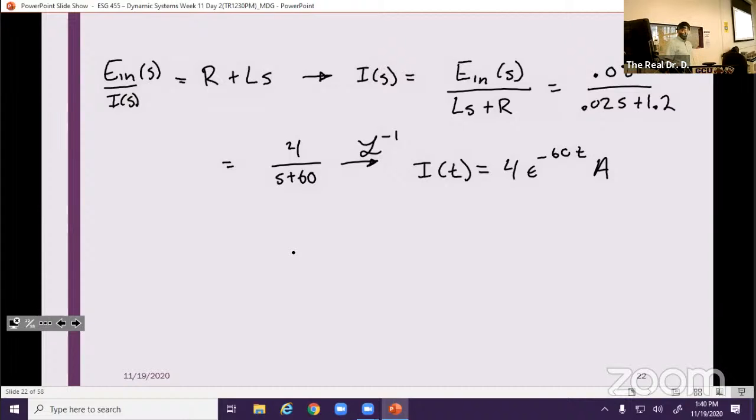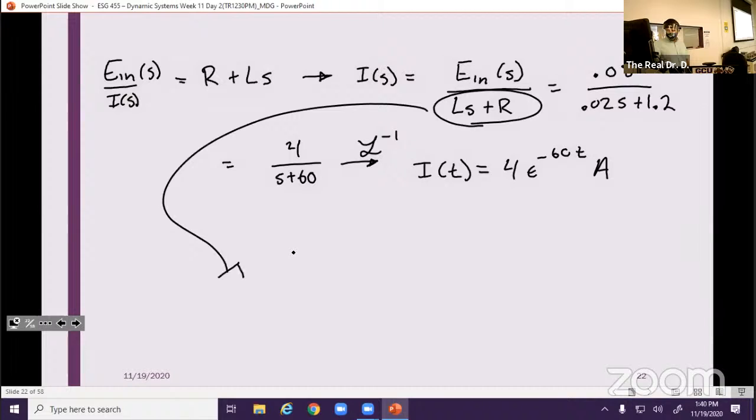You can get that from two places. First of all, if I rewrite this in standard form, it would be this. And 0.02 divided by 1.2 turns out to be 1 over 60, 0.016667.